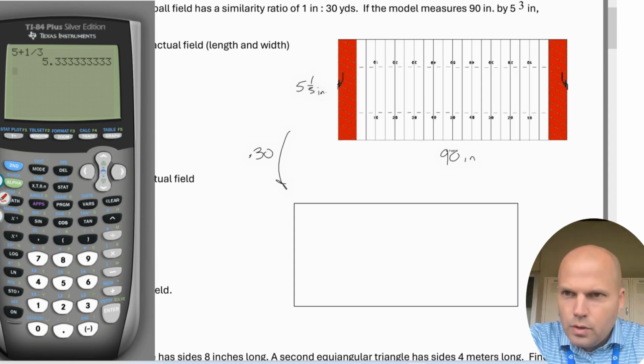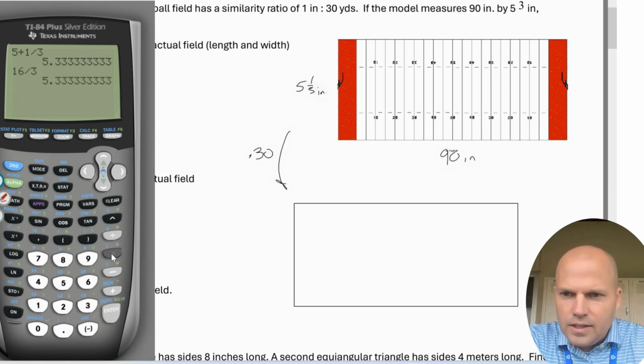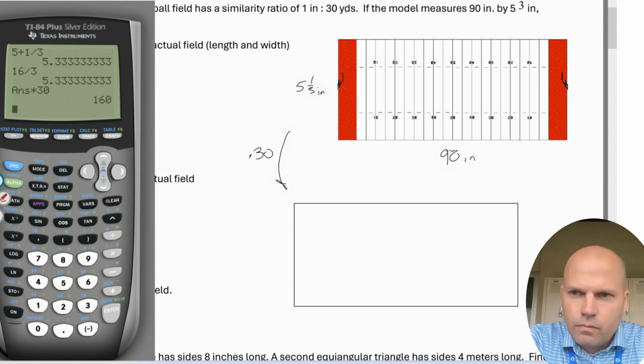You could do 5 is 15 thirds plus a third is 16 thirds. Cool. Taking that and multiplying it by 30, and you get 160 yards.